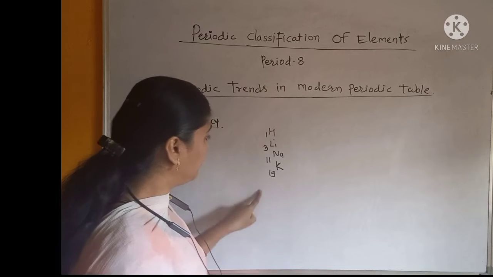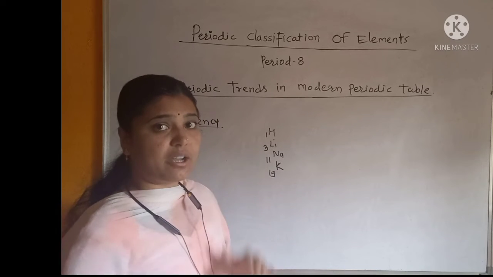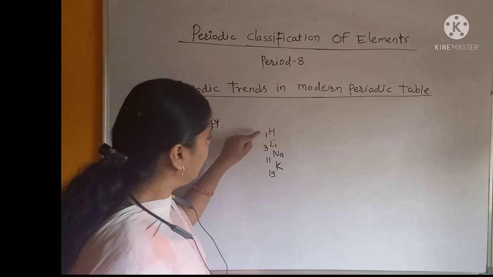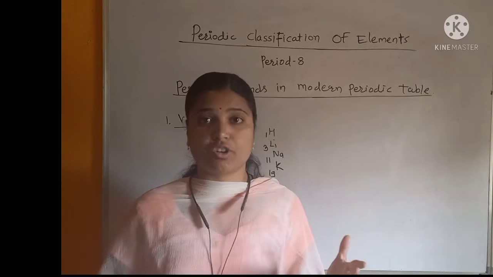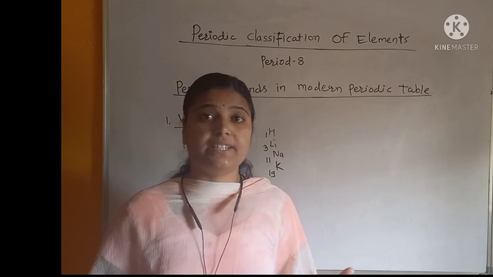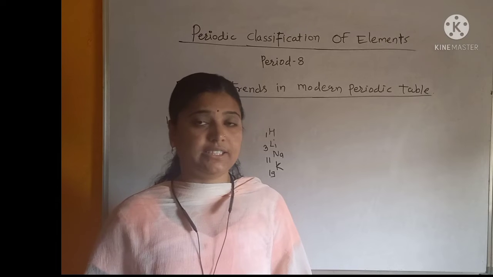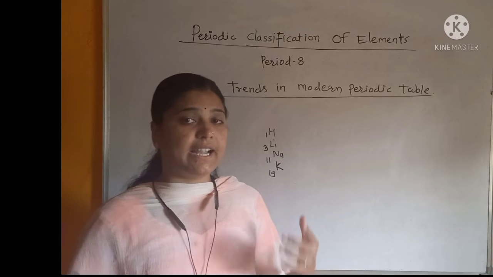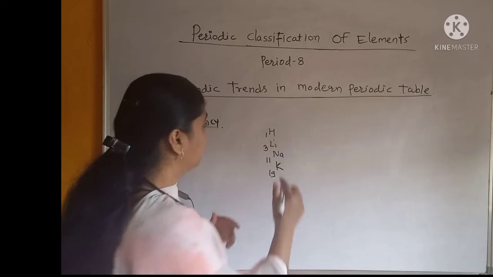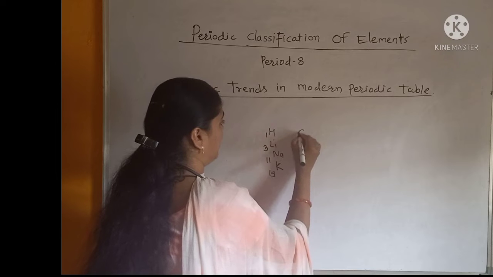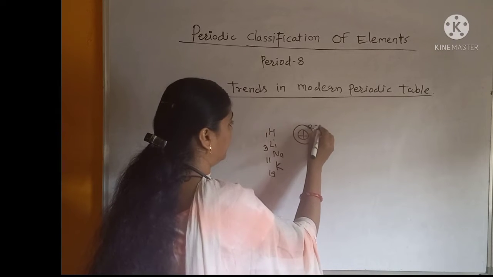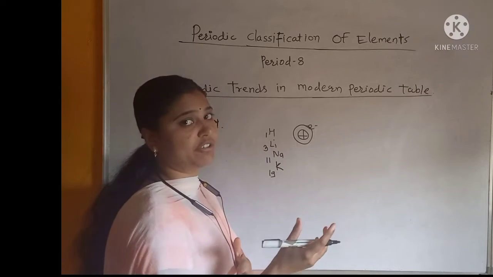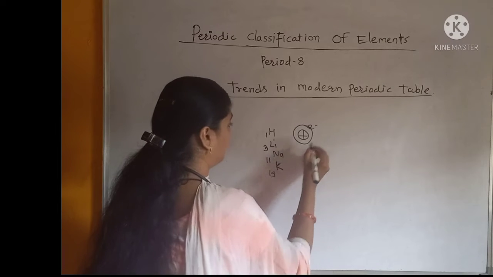When we go along the group towards the downside of the periodic table, the atomic number increases. That means the number of electrons present in their orbits or shells also increases. The structure of hydrogen has a nucleus with 1 electron, so it easily donates its electron and its valency becomes 1.